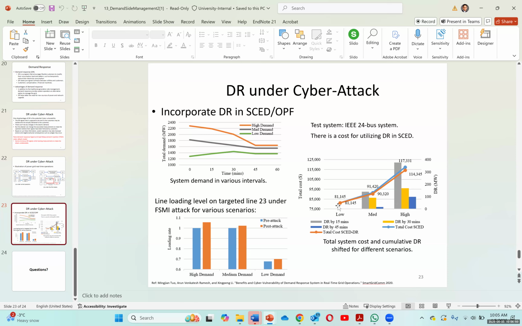It has minimal effect on low demand, some effect on medium demand, but it has a high effect on higher demand systems. So again, this time it manipulates the demand side instead of the generation side, and it causes problems and outages, and it may damage the transmission lines and the transformers and so on.